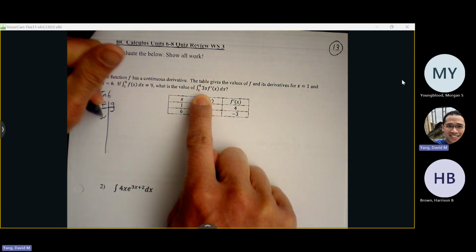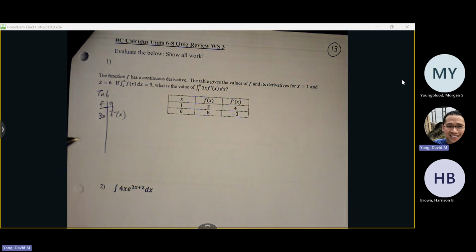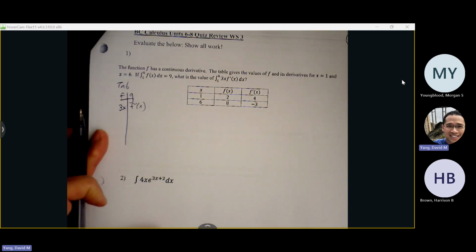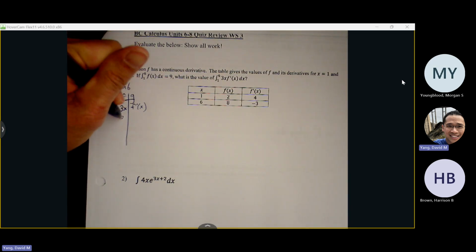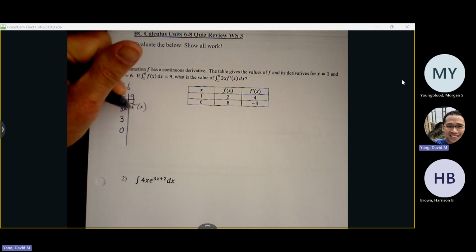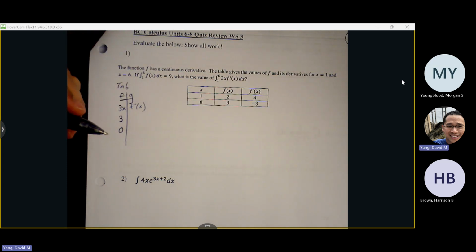So we start off with 3x and f prime on this side. On the left column, we're going to be finding derivatives, so 3x becomes 3, and 3 goes to 0. On this side, we're going to take the antiderivative.